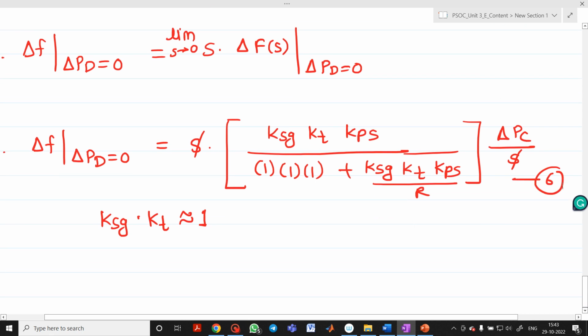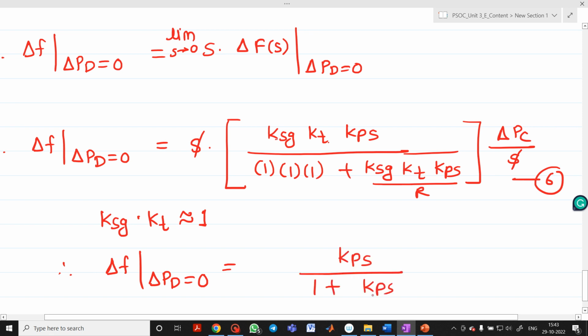So how can I write this expression now? Therefore this delta f when delta PD equal to 0 will be equal to what? KSG into KT is 1, so we get KPS upon 1 plus KPS by R, into delta PC.